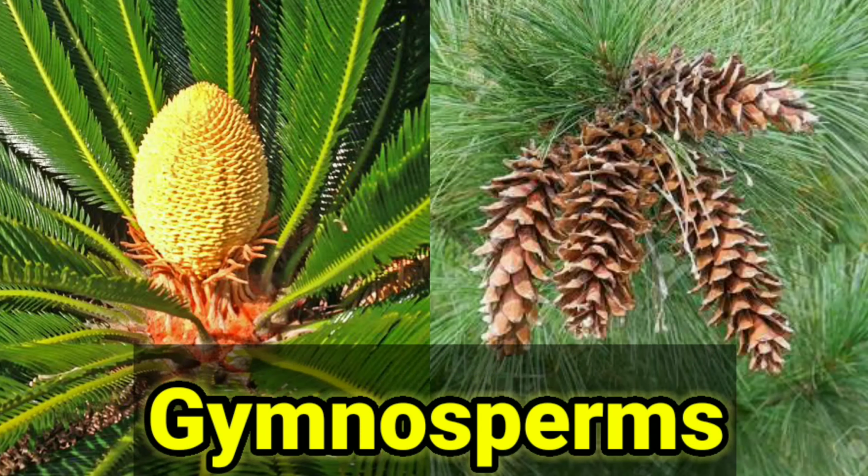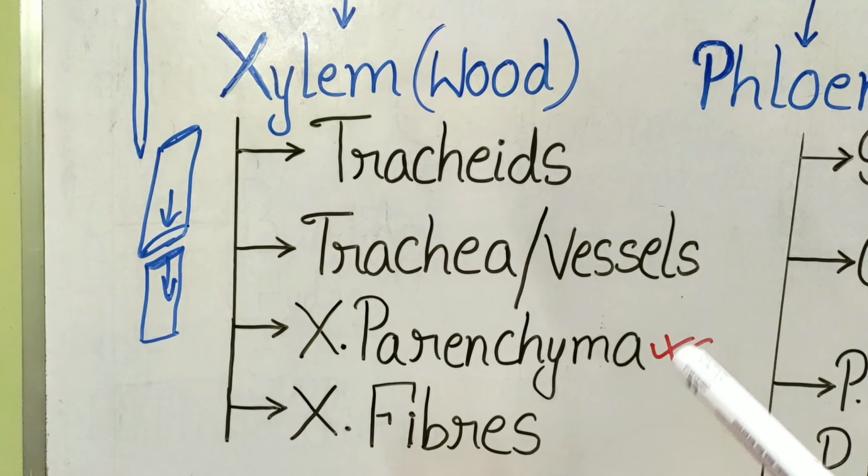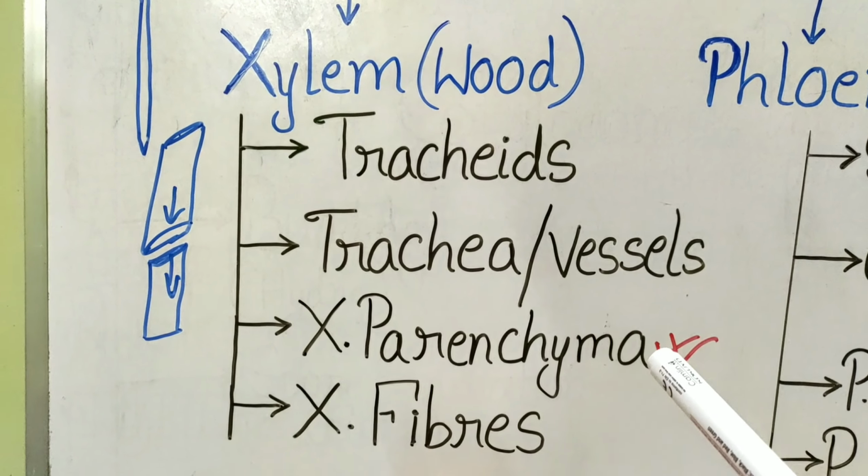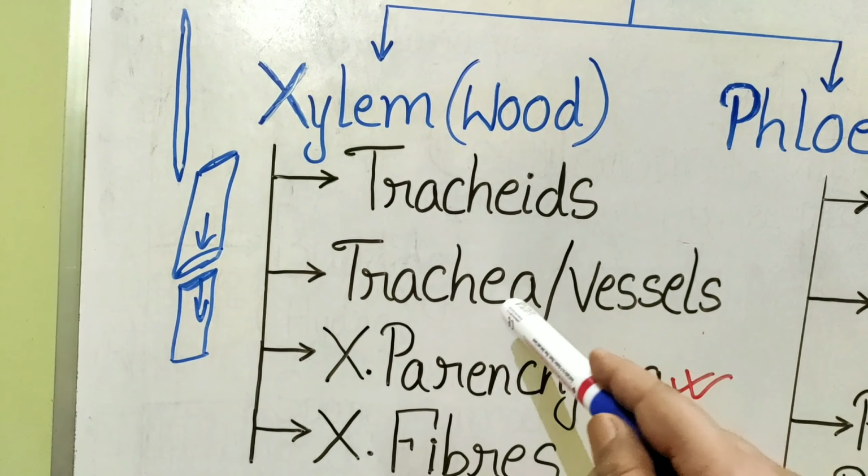Gymnosperms like Cycas, Pinus, you might have seen these plants around you. Now Cycas and Pinus do not bear flowers. They are called gymnosperms because they have woody cones as their flowers. They do not bear attractive flowers like the ones we see around us. Although they are also tall plants, they lack vessels or trachea.